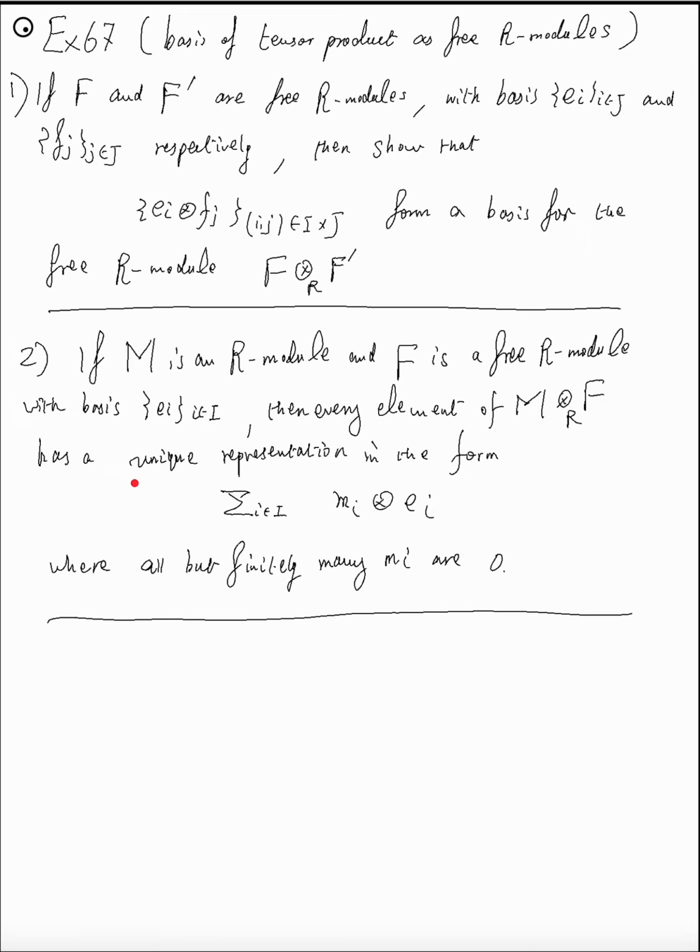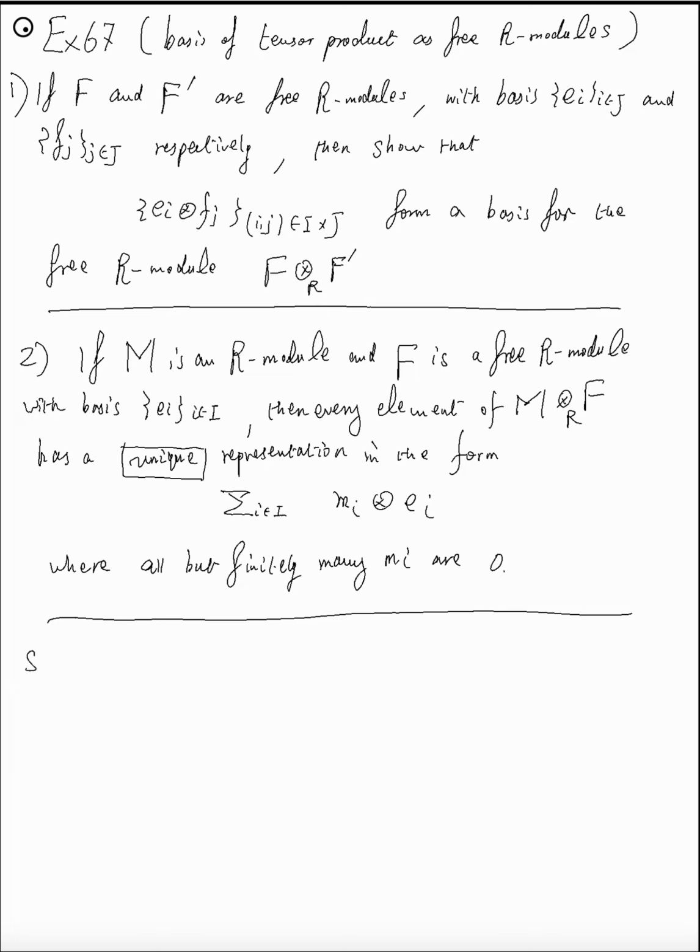So basically what is important here is the uniqueness, right? The existence is more or less trivial. You just, by R linearity, move the R coefficient of e_i to the left hand side into the M component.